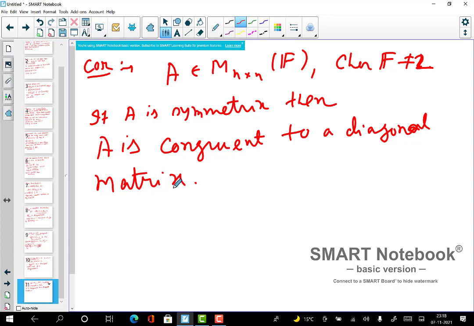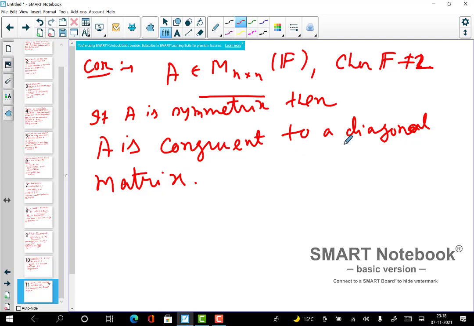This corollary is straightforward from the above theorem, because whenever you have a matrix like this, you can attach a symmetric bilinear form, and symmetric bilinear forms on a finite dimensional vector space with characteristic not 2 are diagonalizable, and hence A is congruent to that. So you can find another basis with respect to which it is a diagonal matrix, right?